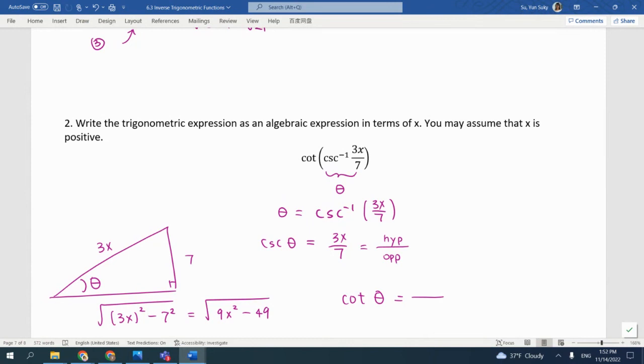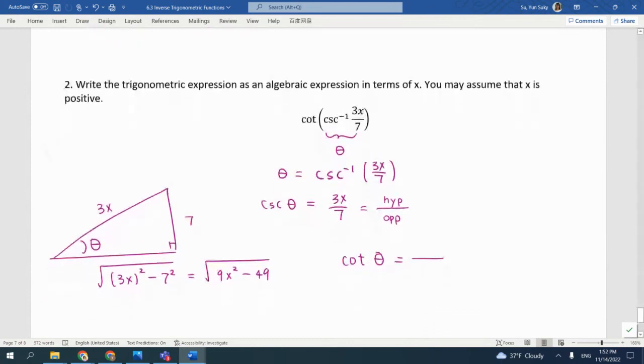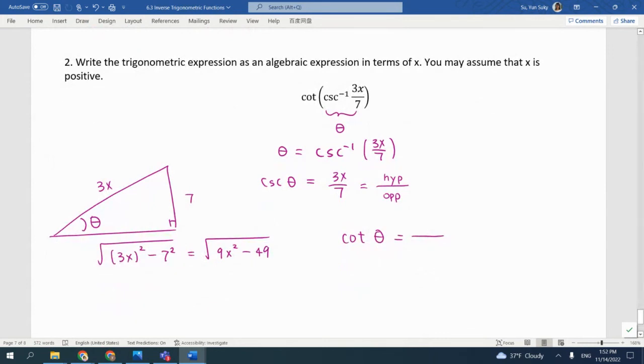Opposite, adjacent, hypotenuse. What's cotangent? Adjacent over opposite.